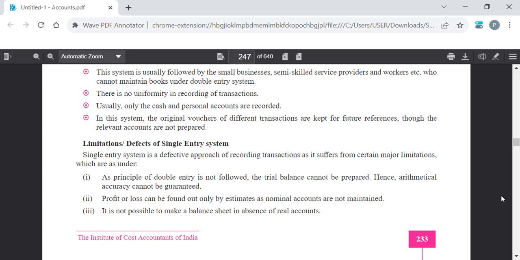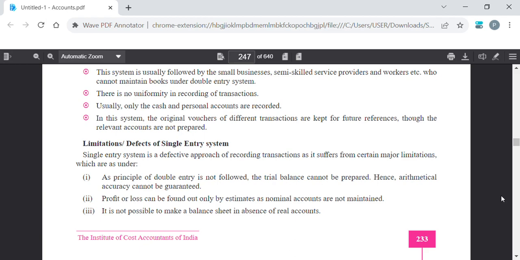You are not following double entry system, so you are not able to prepare your trial balance. Trial balance is possible only if you prepare your accounts with double entry system.